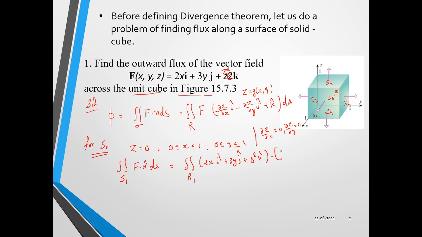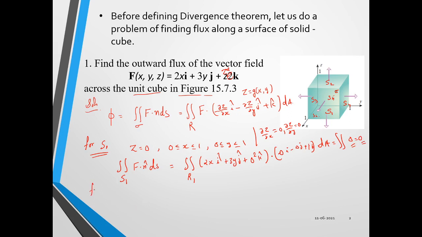So (0 minus 0 i minus 0 j plus 1 k) dA. Now what is this dot product? 0. So the flux along S1 is 0.